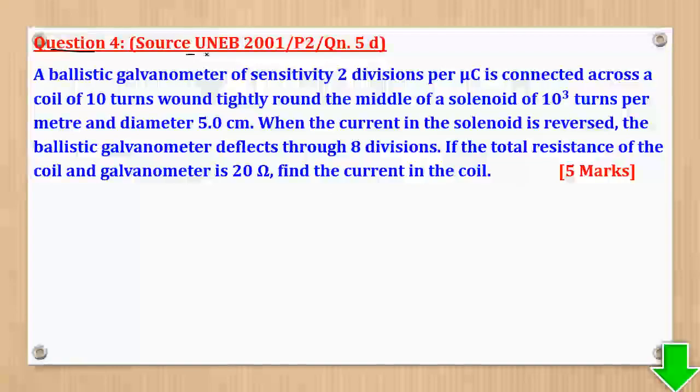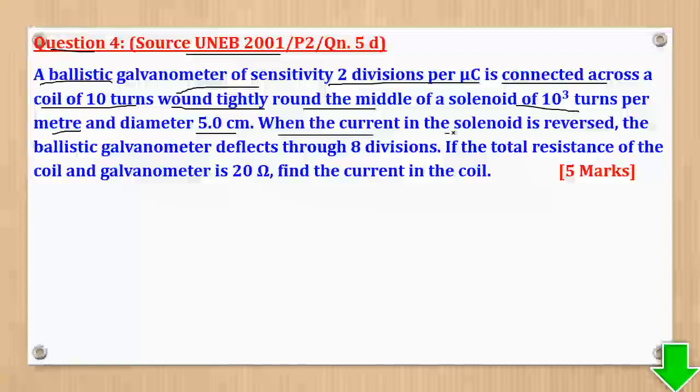Then question 4 came from UNEB 2001, paper 2, question 5D, and says a ballistic galvanometer of sensitivity 2 divisions per microcoulomb is connected across a coil of 10 turns wound tightly round the middle of a solenoid of 10 to power 3 turns per meter and diameter 5 centimeters.